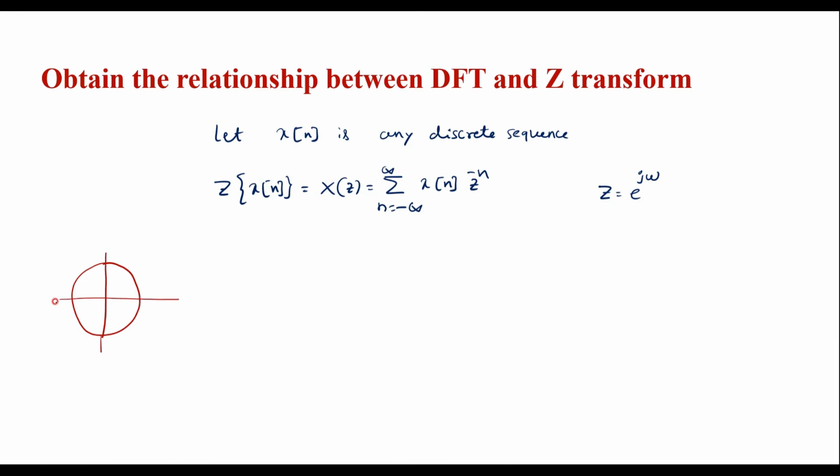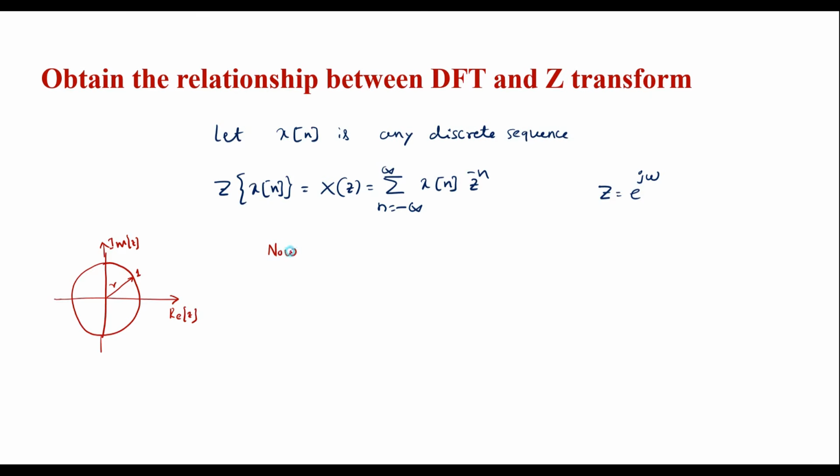We'll assume that the radius of the circle is 1. So it's a complex plane, therefore we'll assume that this is the real axis of z and this is the imaginary axis of z. The point from origin to this is 1. We will represent it as r. So here omega is the angular frequency, that is the angular frequency of this is omega, and it varies from 0 to 2 pi.